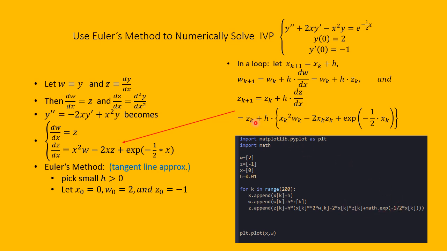Then after this loop executes about 200 times, we will plot x versus w. That's the same as x versus y. And so this will be a plot of our approximate solution to the initial value problem.